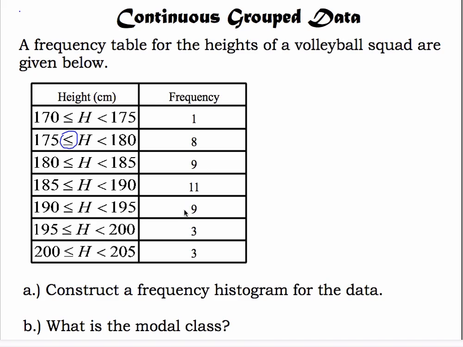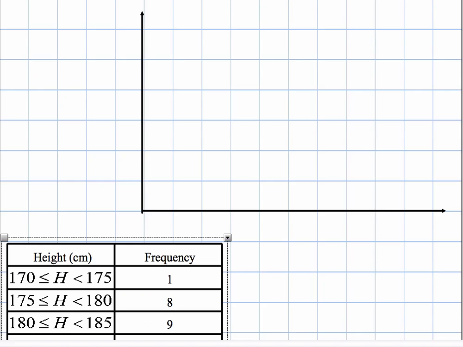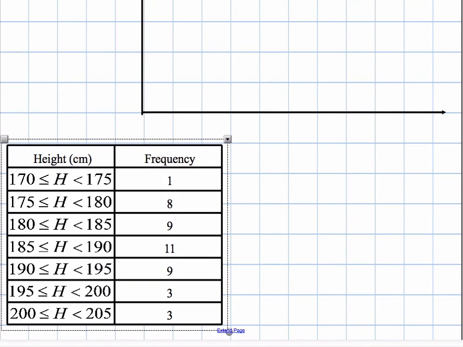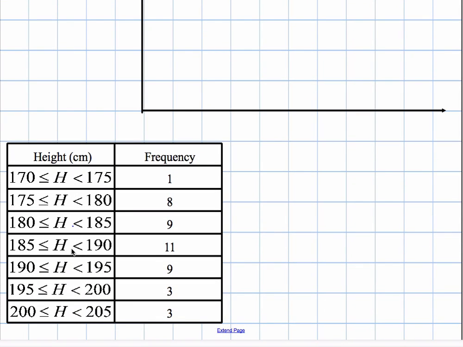Firstly, it says construct a frequency histogram for the data. So let's take a look at that. We have 1, 2, 3, 4, 5, 6, 7 intervals, so we're going to need 7 bars on our histogram. We can start with 170.